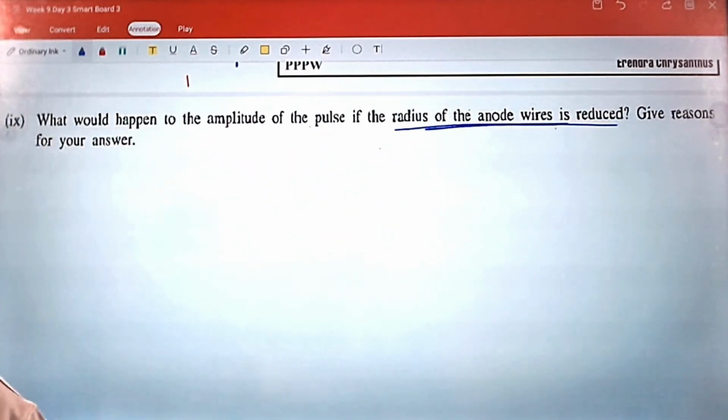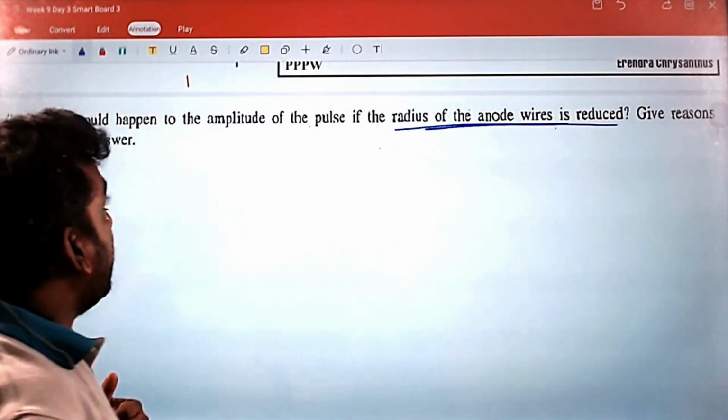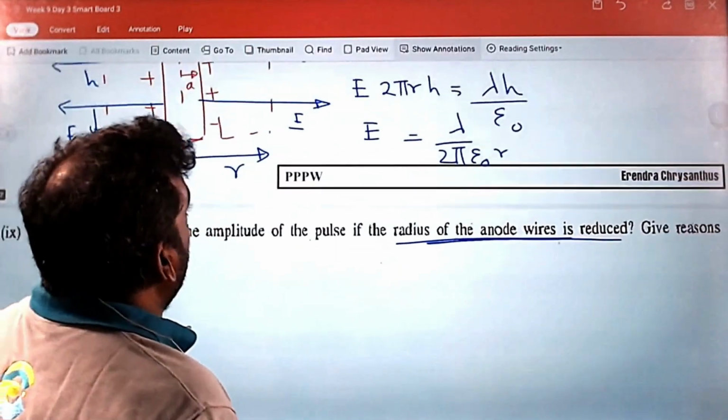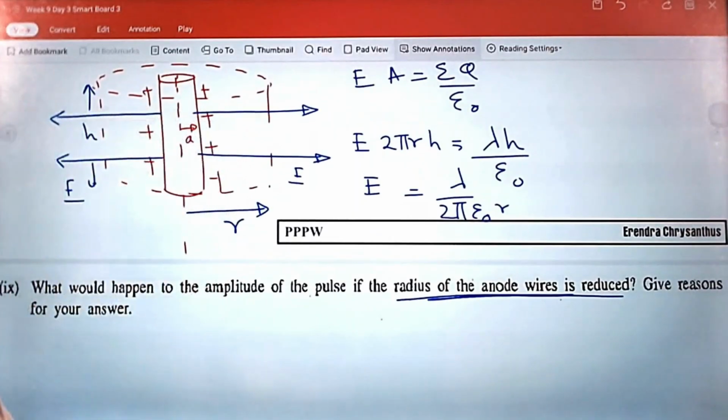If you look at the expression, 2 pi epsilon naught r in the denominator. Smaller the radius, greater the electric field. So greater electric field means more electrons. More electrons will come in, so amplitude will increase.